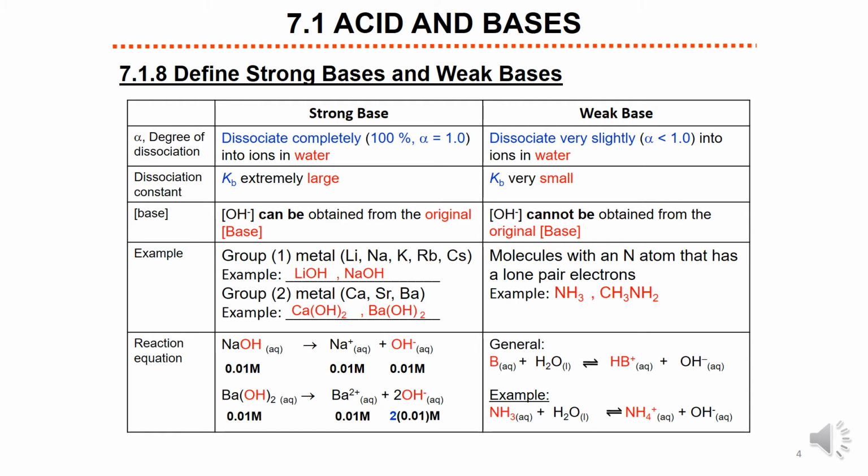Example, we have a weak base, ammonia, which dissociates in water, producing ammonium ion and hydroxide ion. The concentration of OH minus, hydroxide ion, for a weak base cannot be obtained directly from the original base.